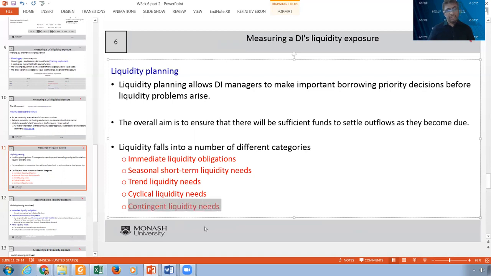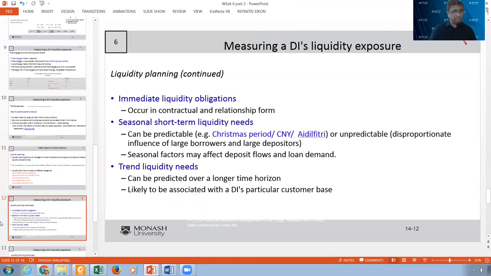And we have contingent liquidity needs, and this is the most difficult thing actually to predict. This is a summary of what I just said here. When we say seasonal, it can, as I told you, be predicted or sometimes cannot be predicted. Like when we talk about the influence of large borrowers and large depositors, these people's withdrawal behavior cannot actually be predicted. Trend liquidity is just predicted over a long term of time.